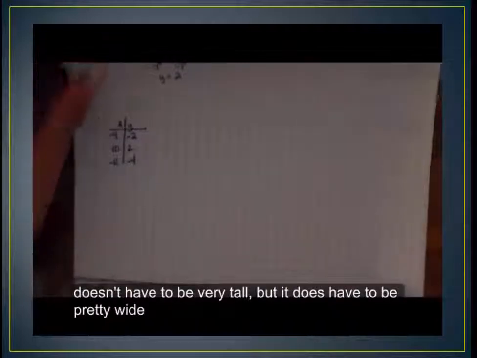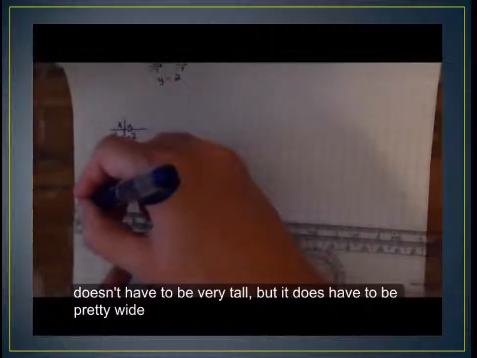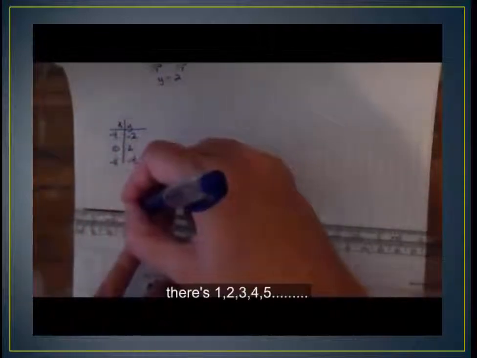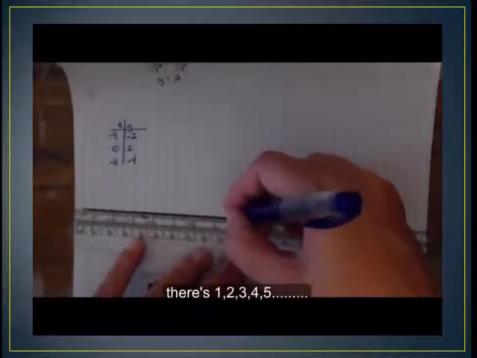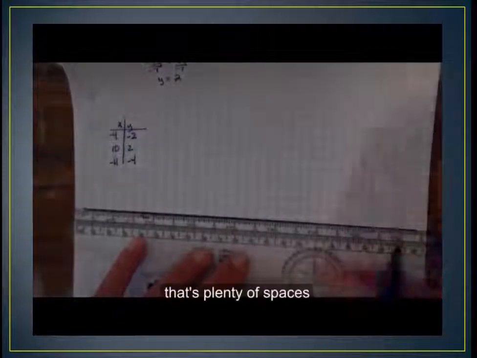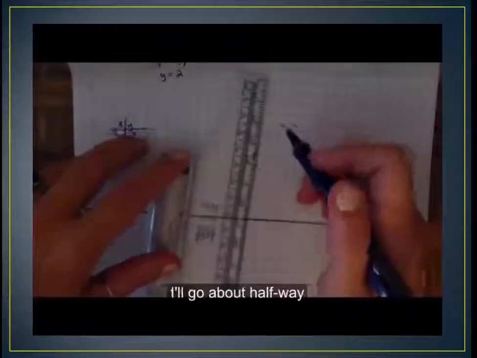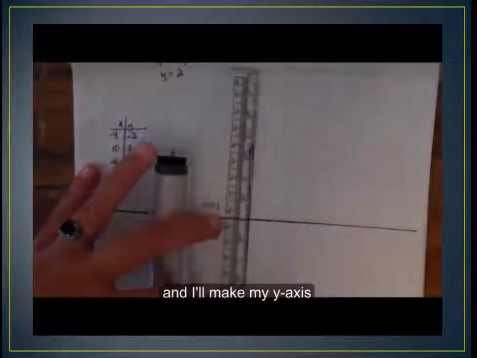Doesn't have to be very tall, but it does have to be pretty wide. So there's 1, 2, 3, 4, 5. Okay, that's plenty of spaces. Go about halfway, and I'll make my y-axis.